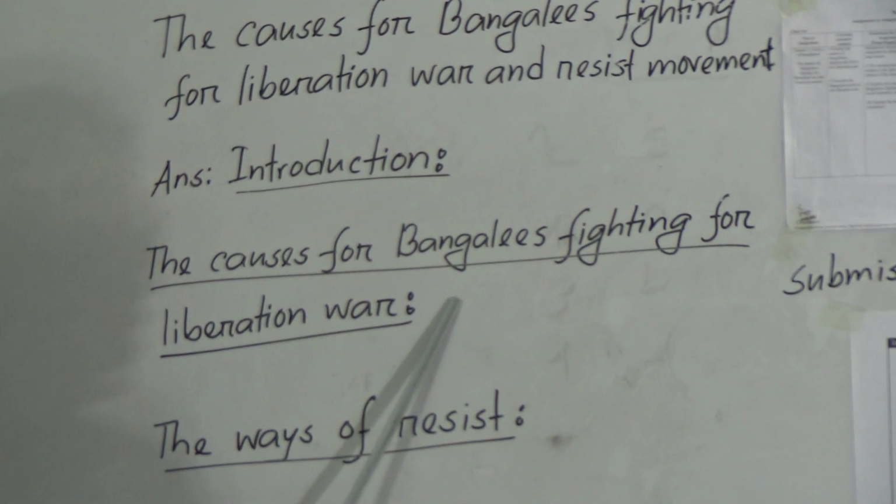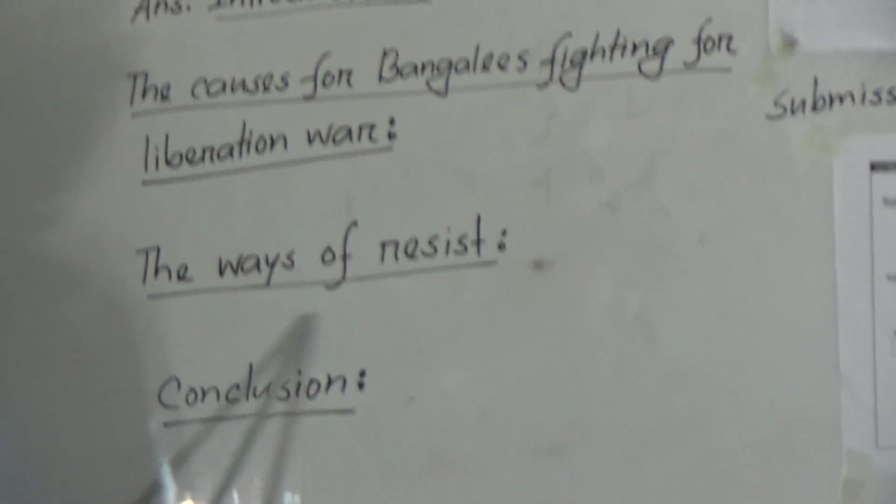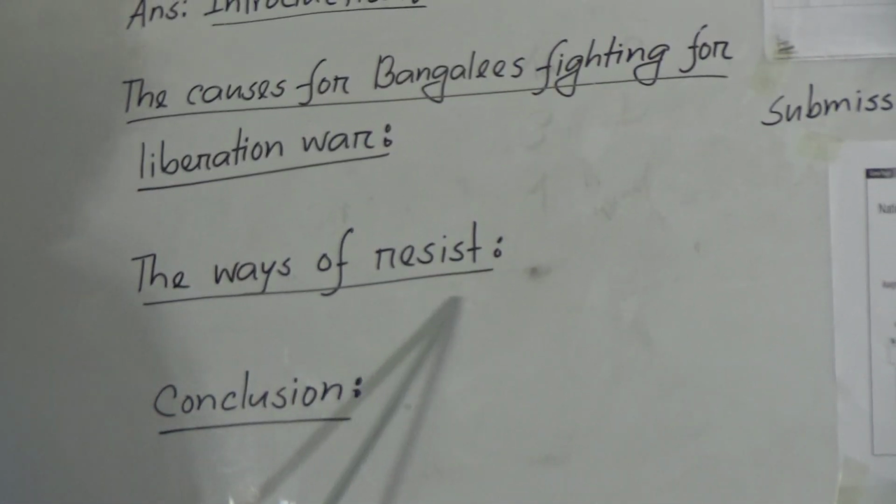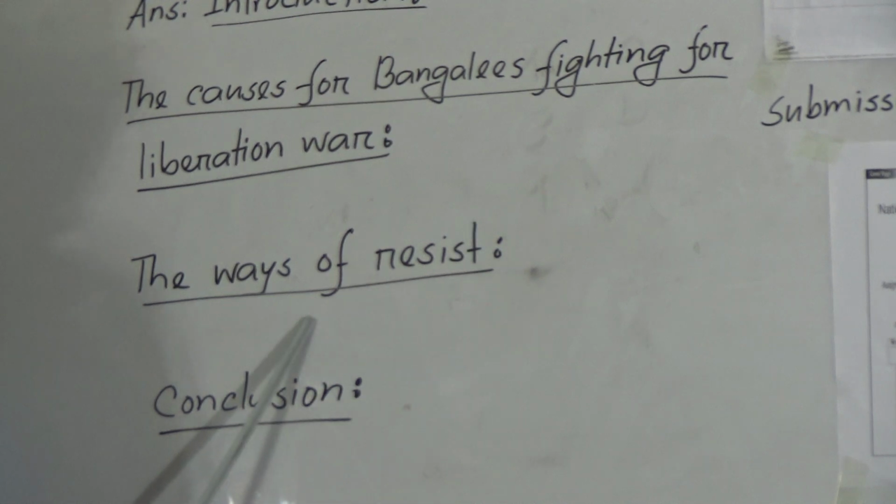Then write the headline again, the ways of resist, underline it and write at least 4 ways of resist. Then conclusion. You will write a conclusion, and if you do not write one, write a para and conclude your assignment.